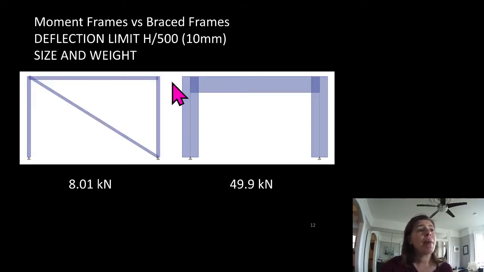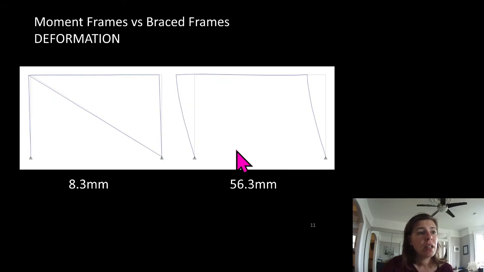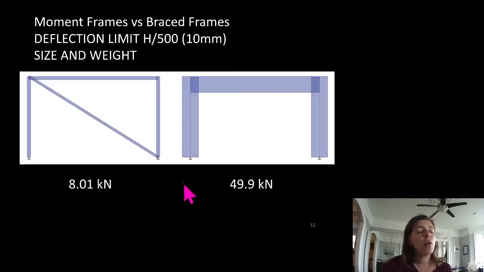If you guys remember the deflection limit that we talked about way back in lecture 1 for wind loads was h divided by 500. We have a 5 meter tall frame, so that means we're only allowed to have 10 millimeters of deflection. So that 56.3 millimeters of deflection is way too much deflection. So I went back and figured out what sizes our members needed to be to make deflection work as well.